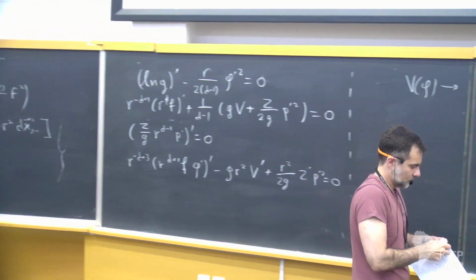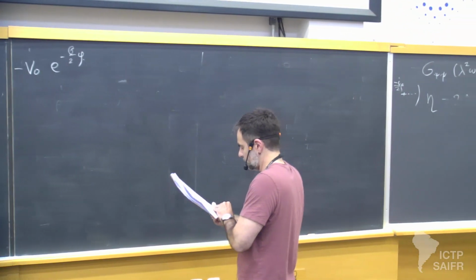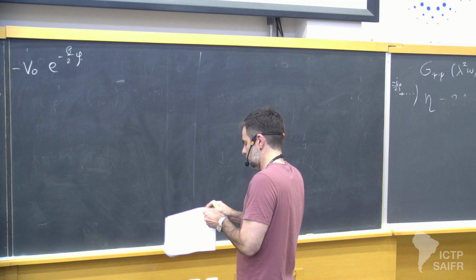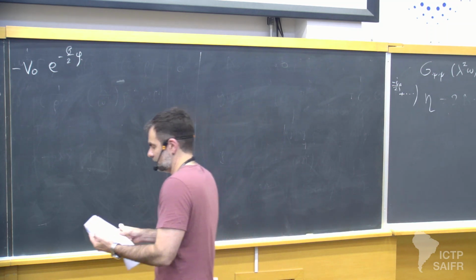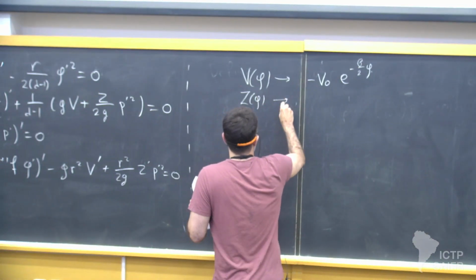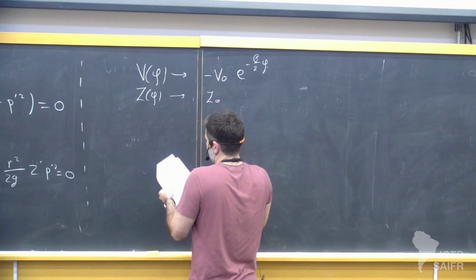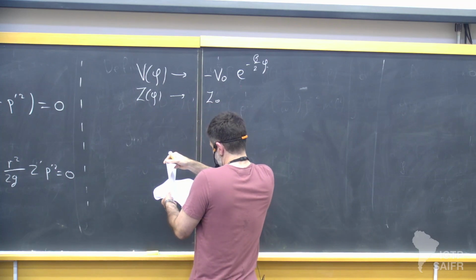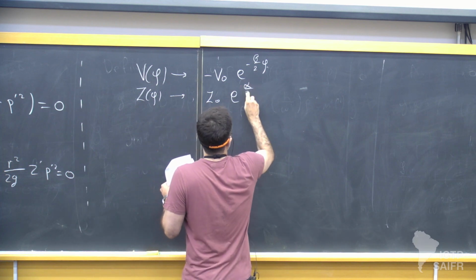Similarly, for the function Z, you have some exponential behavior, usually. Z of phi grows like Z naught e to the alpha over 2 phi.